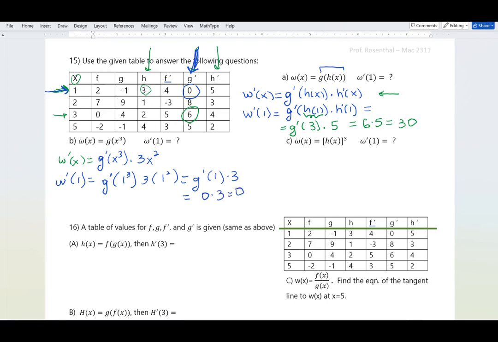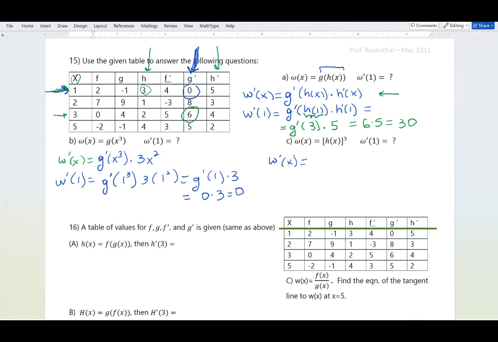Again, at this point, I would highly recommend that you try part C and come back and check your answers after you're done. And part C, we're going to find the derivative of h of x to the third power.